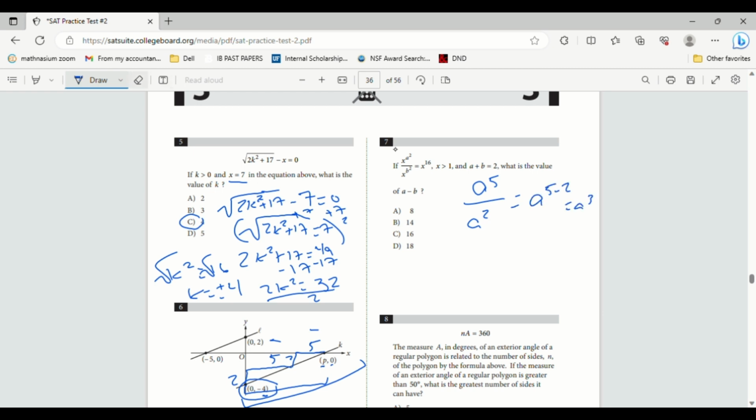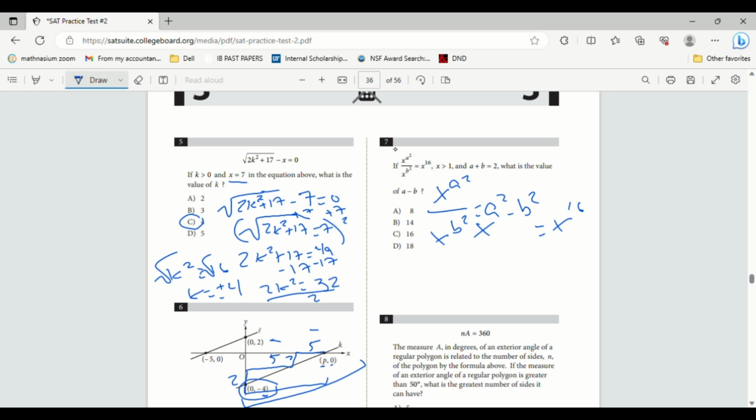And so with that in mind, we can now apply that to our question at hand. So we're going to simply write out what we have. We have x to the a squared divided by x to the b squared, which is equal to x to the a squared minus b squared equals x to the 16.